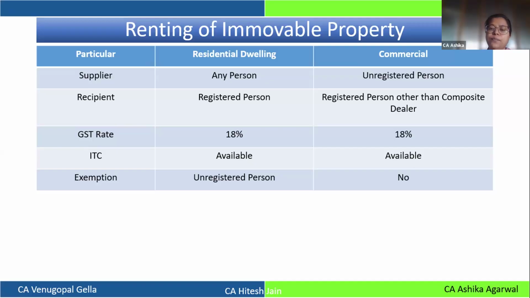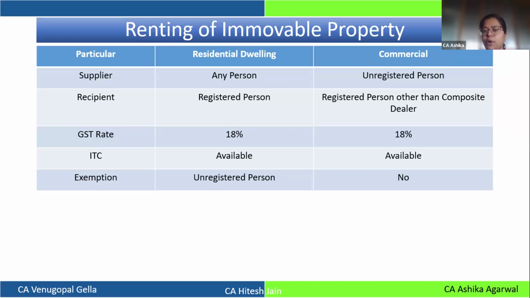But the thing is that the company doesn't do anything for the personal use of their employee. Whatever is done is done in the course of the business. Therefore, we believe ITC should be allowed. However, obviously there will be a debate because the department is going to go through block credit.